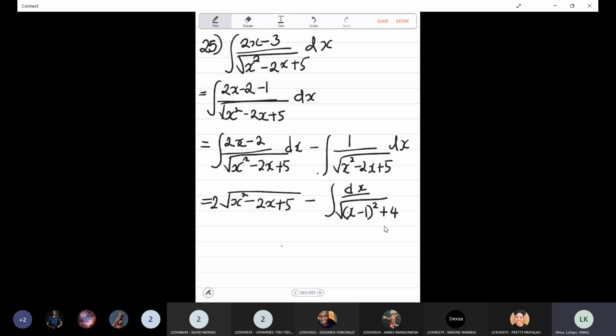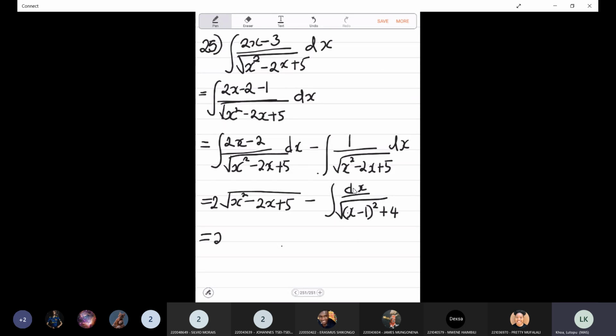Okay, so it's fine. Before we use the arc trig or the other one, this has to be a 1, so we have to factor out the 4, and then we'll have 1 plus something squared, which is the form that we want.